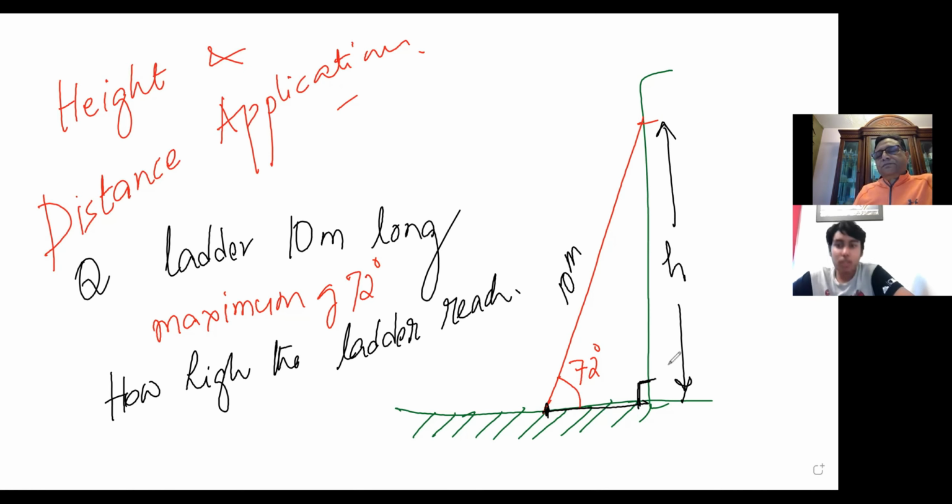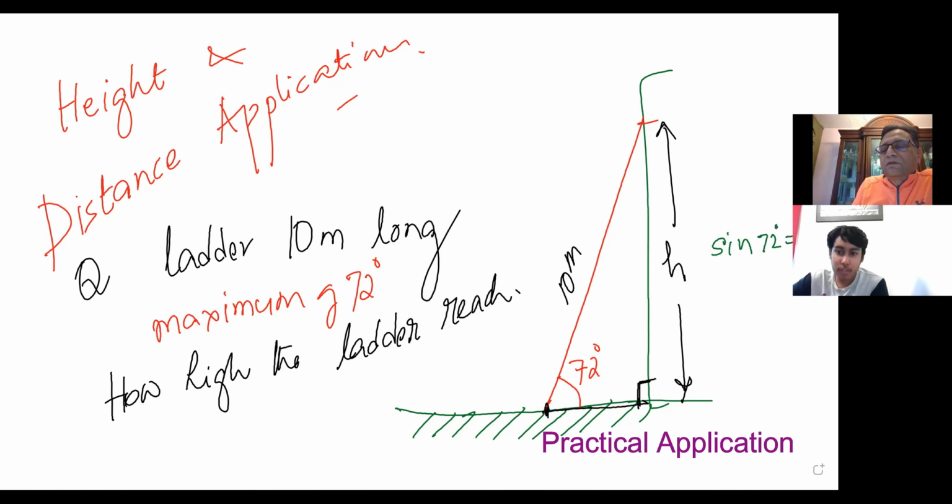We know that sine is opposite over hypotenuse, and we already know our hypotenuse, so we can make sine 72 equal to h over 10, so h equals 10 sine 72. Calculate, what do you get?